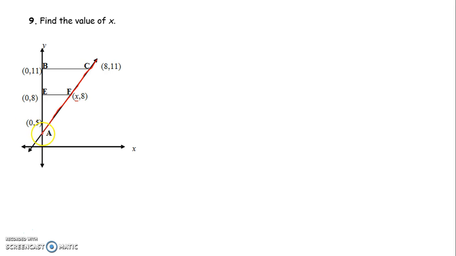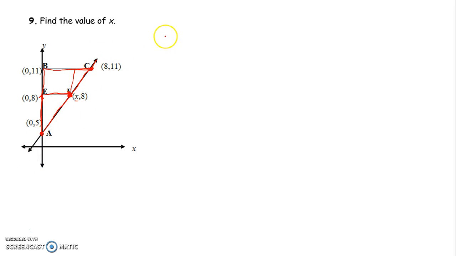So the slope between this point and this point, however far up and to the right I go, has to match the slope between this point and this point. It also has to match the slope between our first point, if I go all the way up and then all the way to the right to that point. The slope has to match. It's all on the same line.